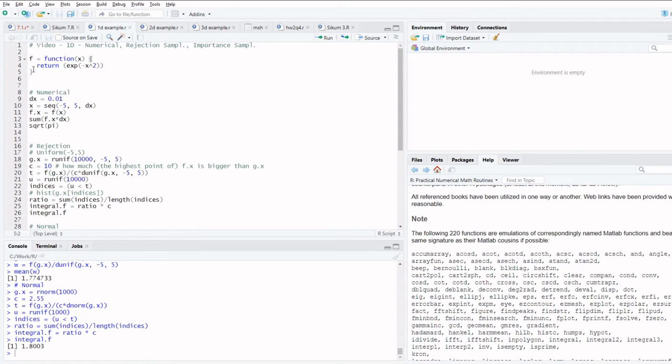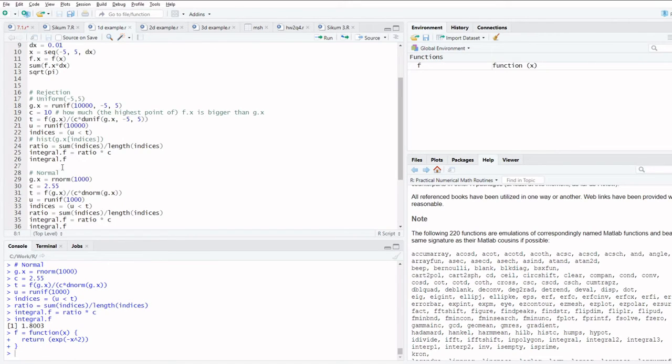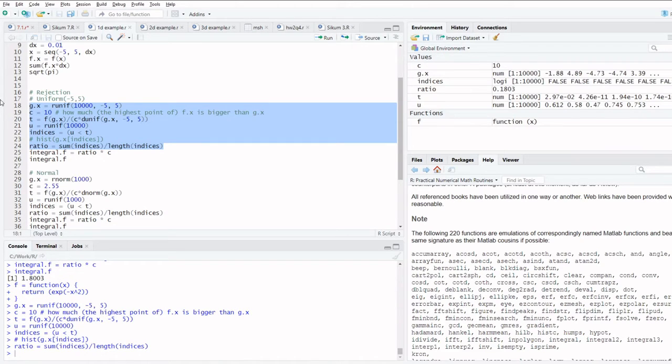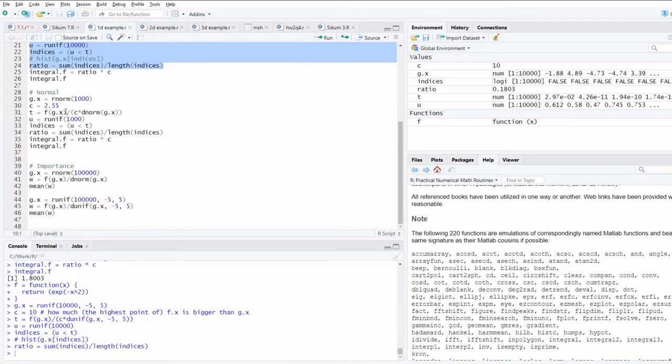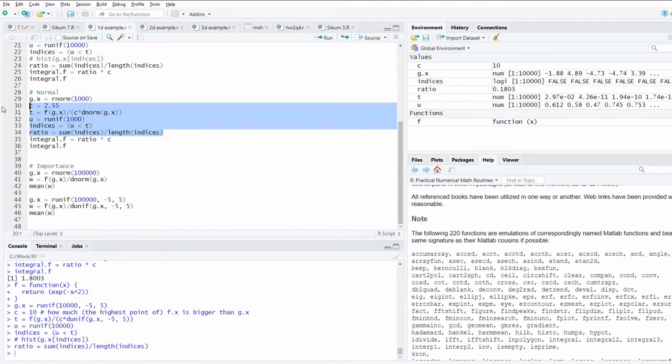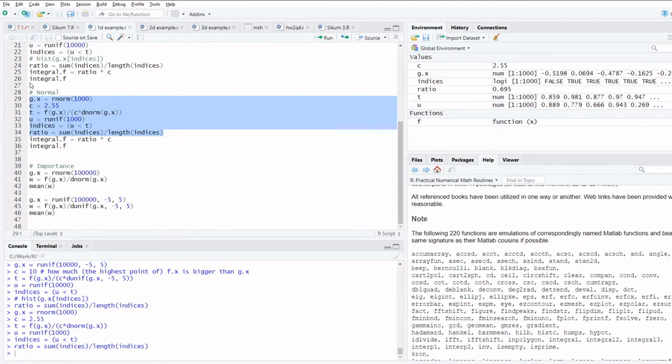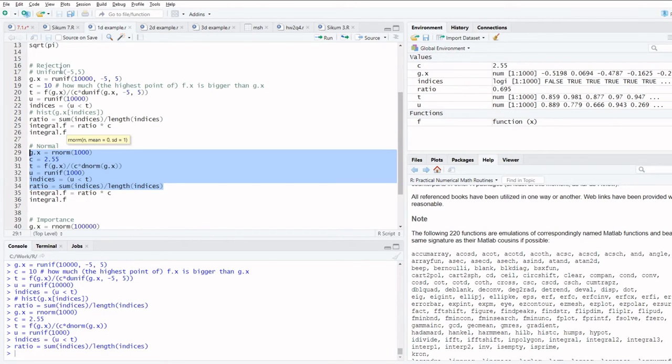So for rejection sampling with a uniform distribution, we get that the ratio is 0.18, but for the normal distribution, we get that the ratio is 0.695, which is a lot higher. So in rejection sampling with a proposed uniform distribution, we threw away around 82% of our points, whereas with a normal proposed distribution, we threw away only around 30% of our points.